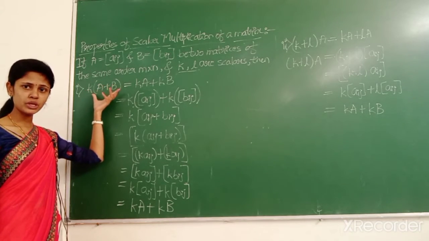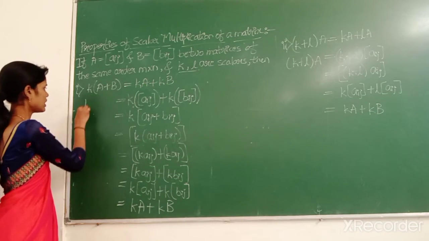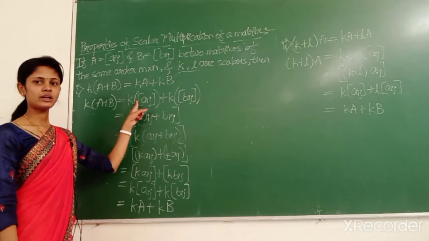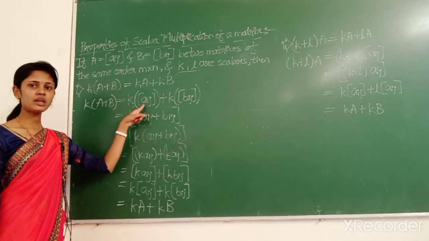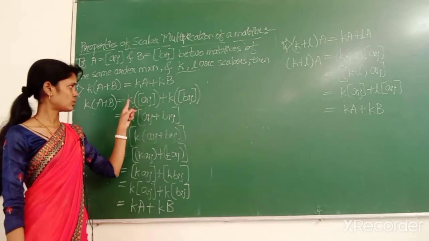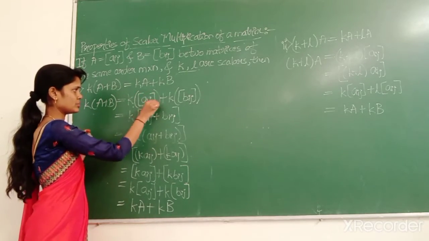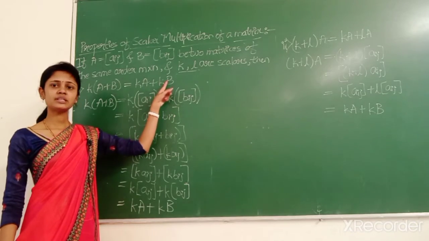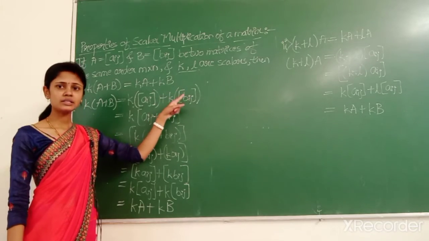K into A plus B can be written with the elements Aij in a square bracket, K into Aij plus K into Bij.